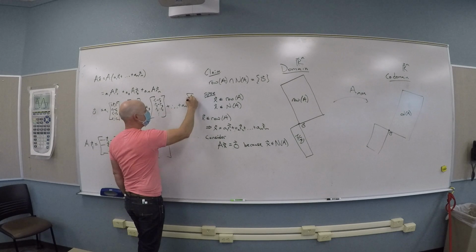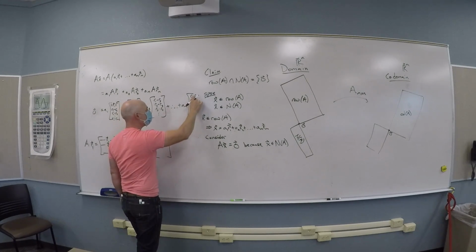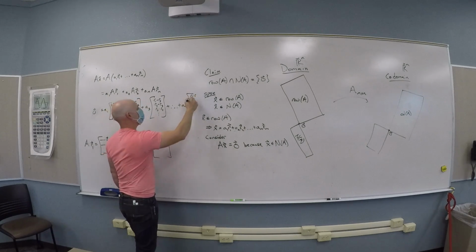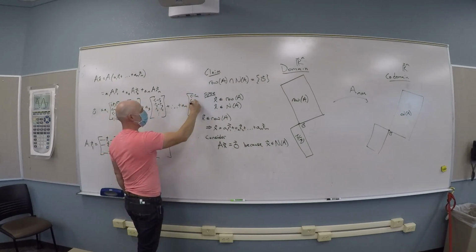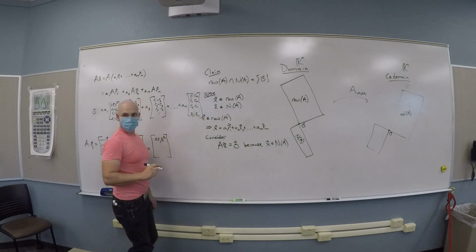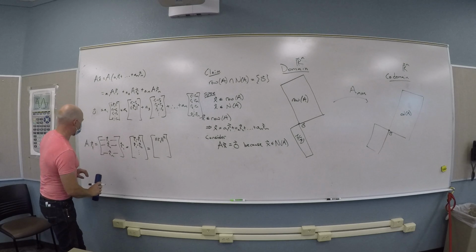We'll have row 1 dotted with row M, this one will be row 2 dotted with row M, this one will be row 3 dotted with row M, until we get to RM dotted with RM.